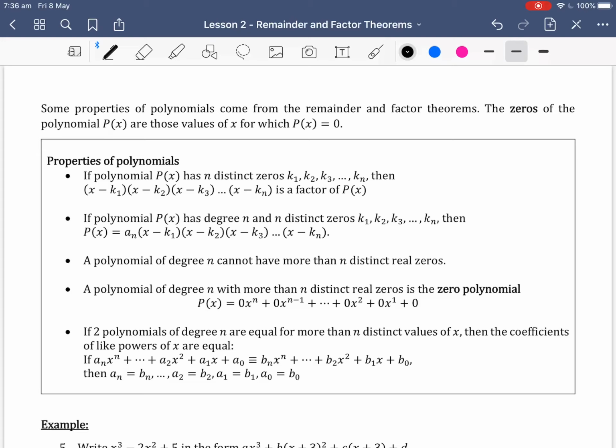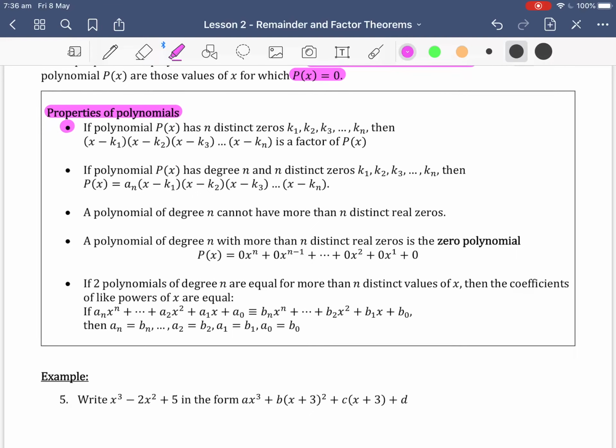So some properties of polynomials come from the remainder and the factor theorems. The zeros of the polynomial are those values for which p(x) equals 0. So if a polynomial p(x) has n distinct zeros, k1, k2, k3, all the way to kn, then (x minus k1)(x minus k2)(x minus k3) all the way to (x minus kn) is a factor of p(x).